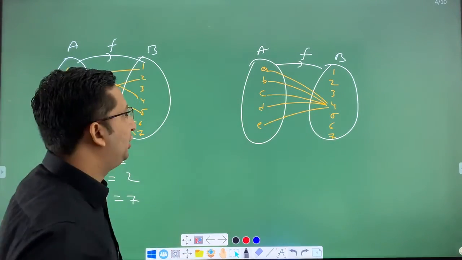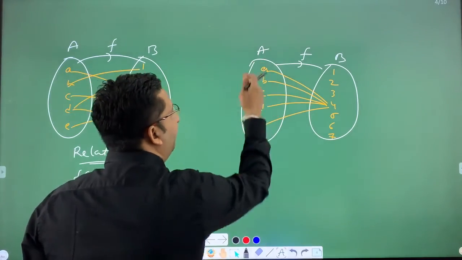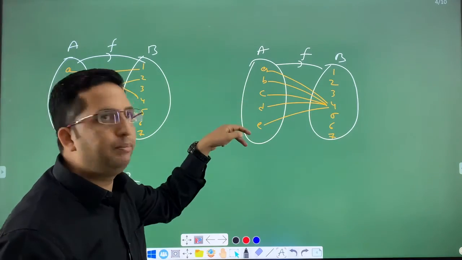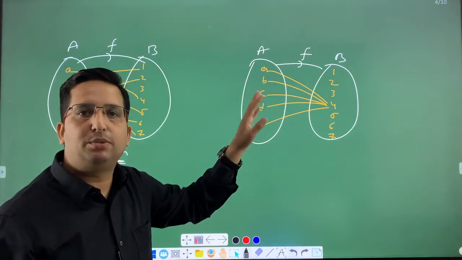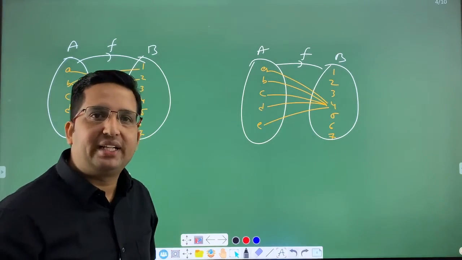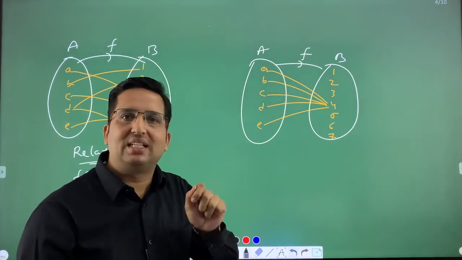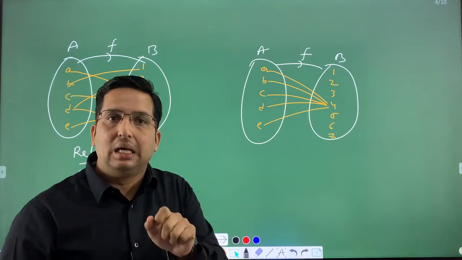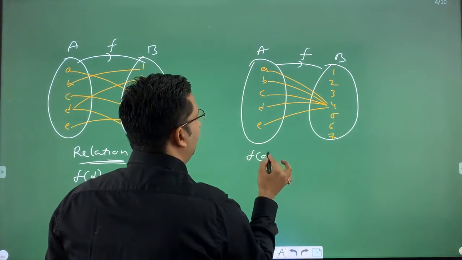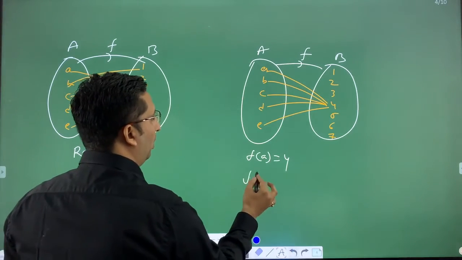What were our conditions? Every element of set A. Here I can see an arrow from each element, means every element of set A is participating. Second thing was uniquely associated, means if I substitute a single value of x, I will get a single value of y. Here I can see when I substitute A, I get 4.